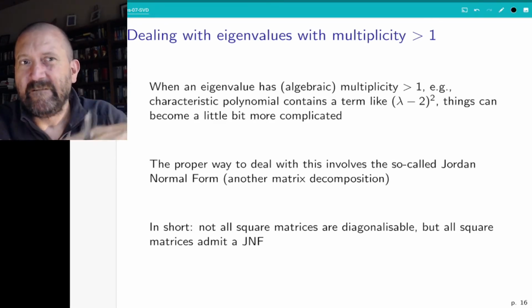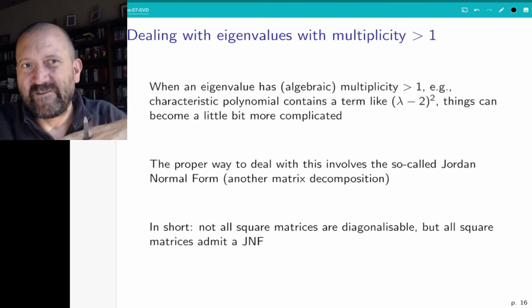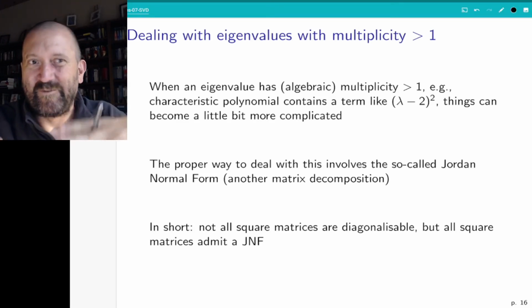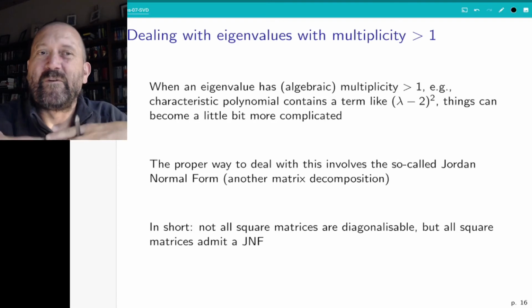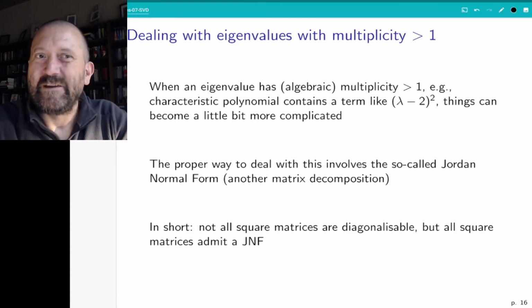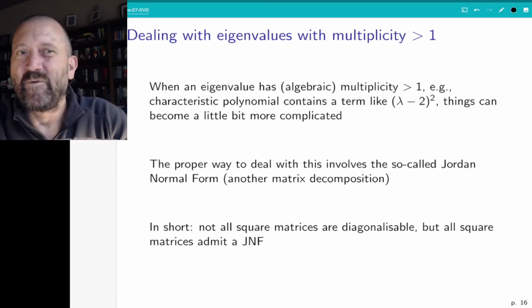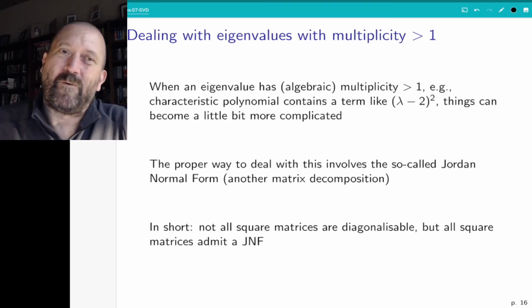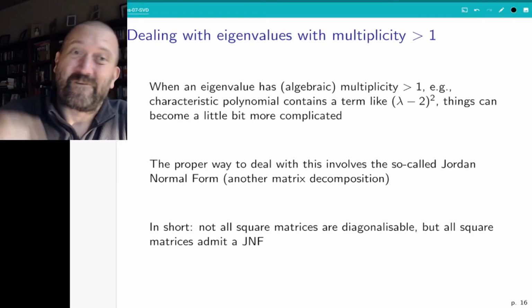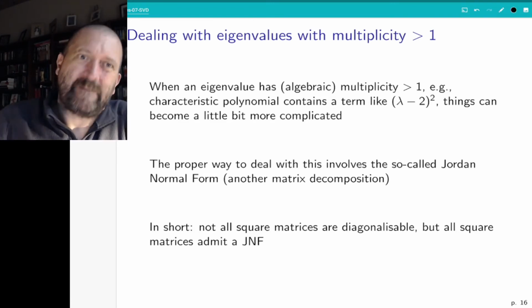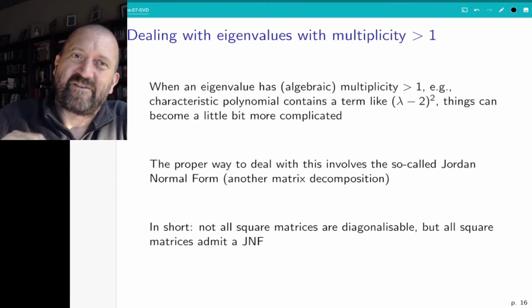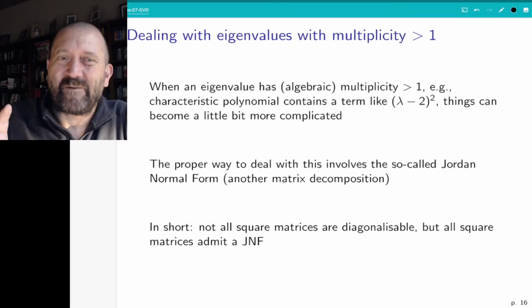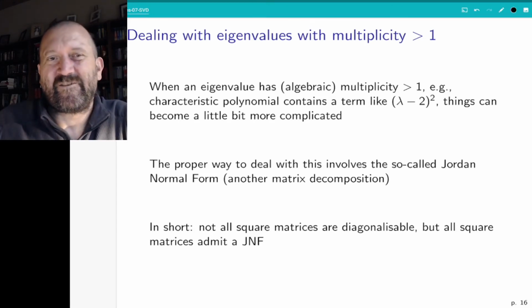The idea is when you want to diagonalize a matrix, it's not always possible to do so. Not all square matrices are diagonalizable. But we can find something that is called the Jordan normal form, which is another decomposition of matrices. And that Jordan normal form allows us to have something that is almost diagonalizable. Okay?